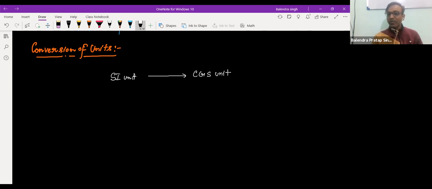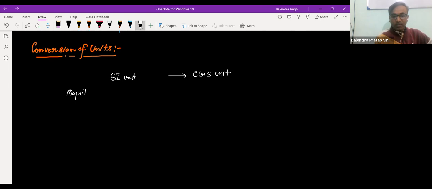Suppose in SI units you represent mass as 1 kilogram. In the CGS unit system you will define it as 1000 gram. But the magnitude doesn't change. Either you can say it's 1 kilogram or you can say 1000 gram. The magnitude will be the same. So the magnitude of the physical quantity remains the same.